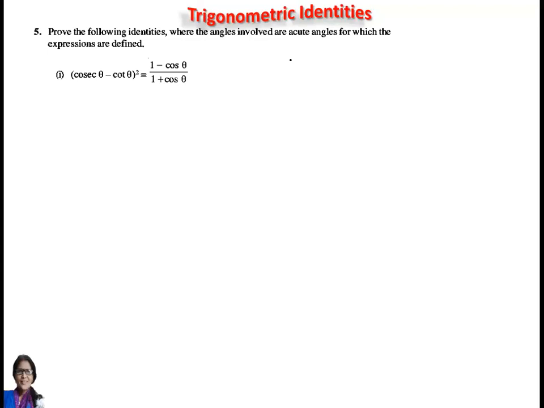Again, I have to remind you, for identities, you would need all the algebraic identities, all the formulas. So starting from this, I'll go to the left hand side. This is the left hand side, this is your right hand side.